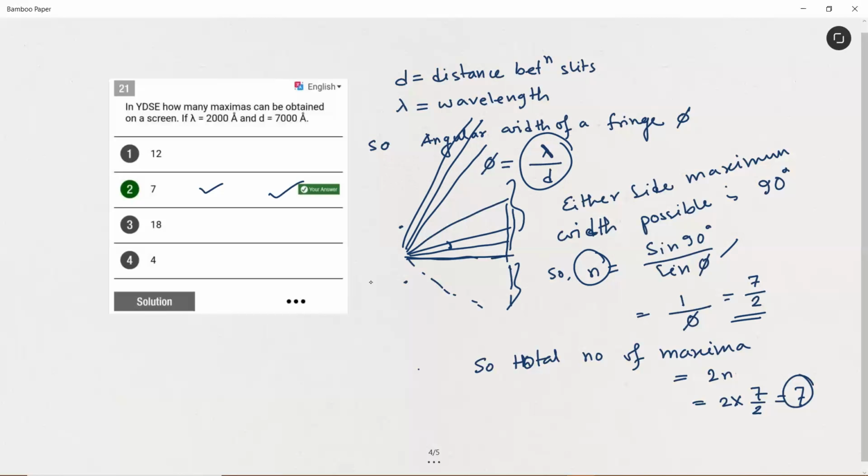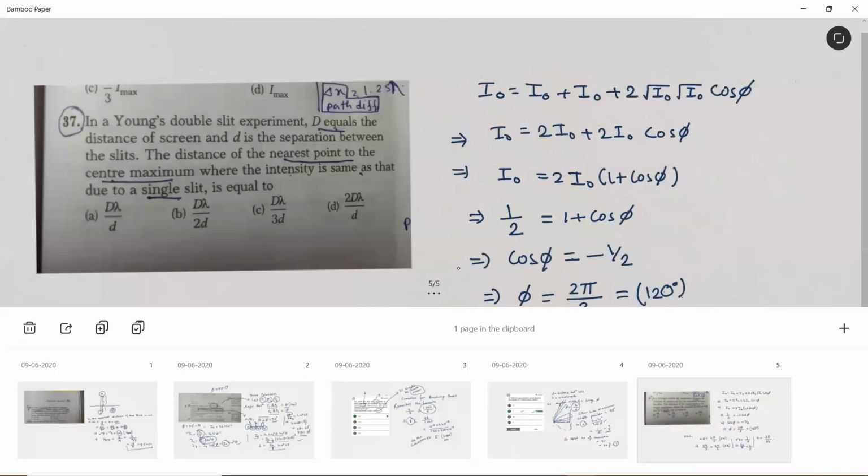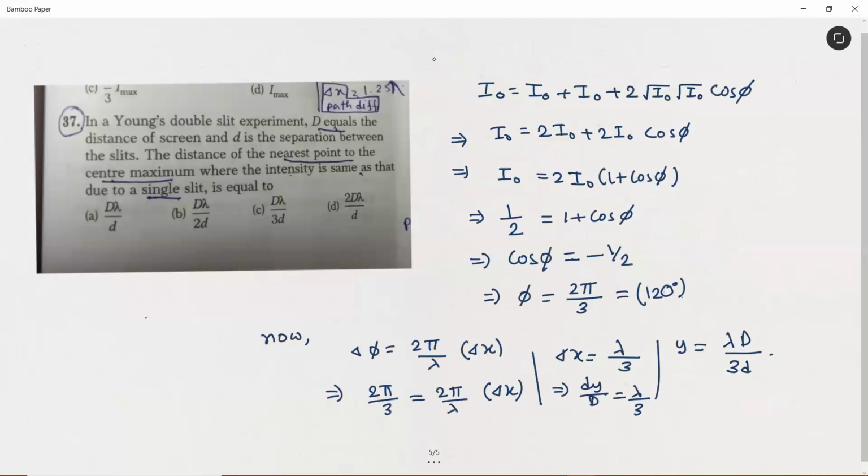Now let's move to another question, and the final question for today is again from Young's double slit experiment, where D is the distance of the screen and small d is the separation between the slits. Find the distance of the nearest point to the center maxima where the intensity is the same as that due to a single slit. Individual slits have intensity, let us choose I0. Two of them.